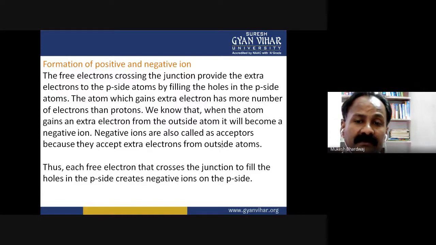We know that when an atom gains an extra electron from an outside atom, it becomes a negative ion. Negative ions are also called acceptors because they accept extra electrons from outside atoms. Thus, each free electron that crosses the junction to fill the holes in the P side creates a negative ion on the P side.